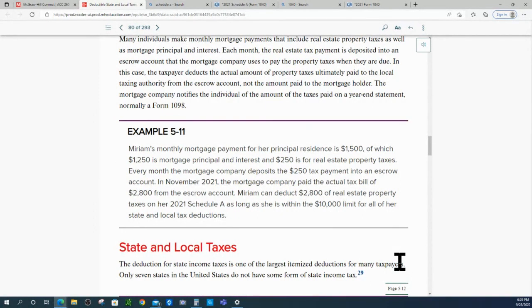When they actually came due, the amount was $2,800. So they had collected $3,000 from Miriam, but they only had to pay $2,800. The amount that Miriam gets to deduct is $2,800, because that extra $200 that was collected is not going to pay property taxes. It's probably going to stay in the escrow account and then reduce the amount that she has to pay next year every month toward these escrow payments.